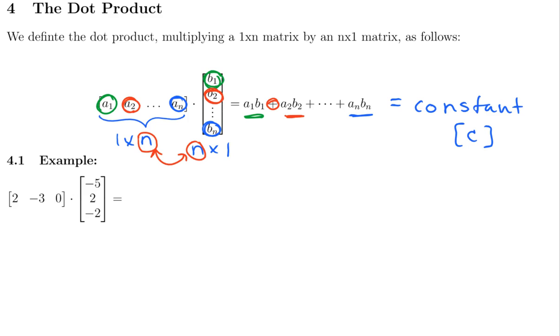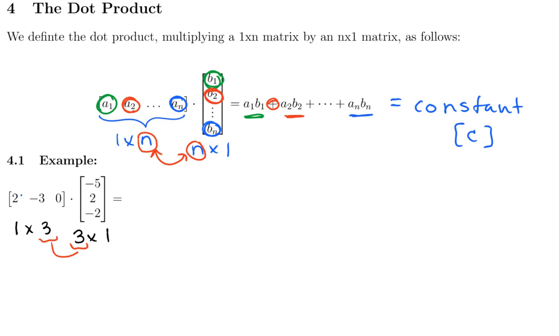So let's look at our dot product in this example. We have a 1 row, 3 column matrix, and we're multiplying it by a 3 row, 1 column matrix. So our inner dimensions match, so this matrix dot product should work. So now let's see.